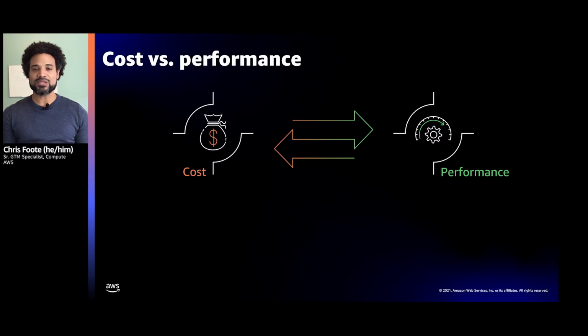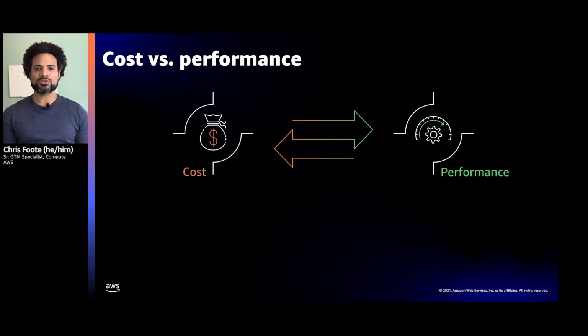So the first question I usually hear from customers is, how do we optimize cost versus performance? As I'm keeping cost optimization in the back of mind across various workloads, do I need to sacrifice performance and availability? Traditionally, cost optimization is viewed as an either-or in comparison to performance.